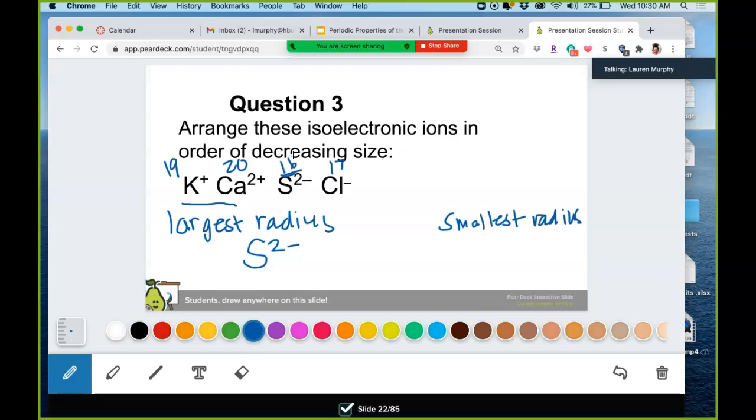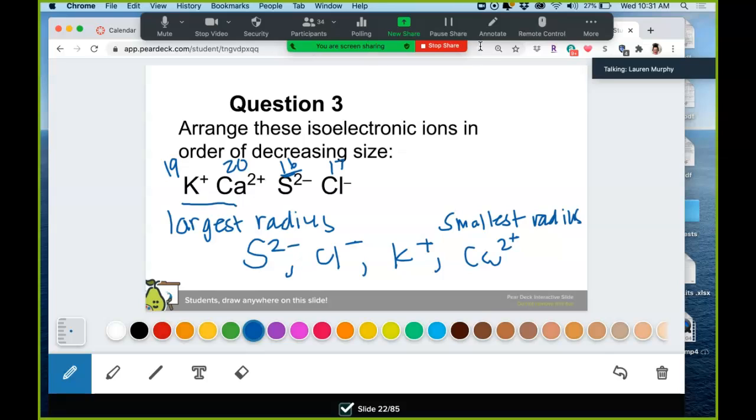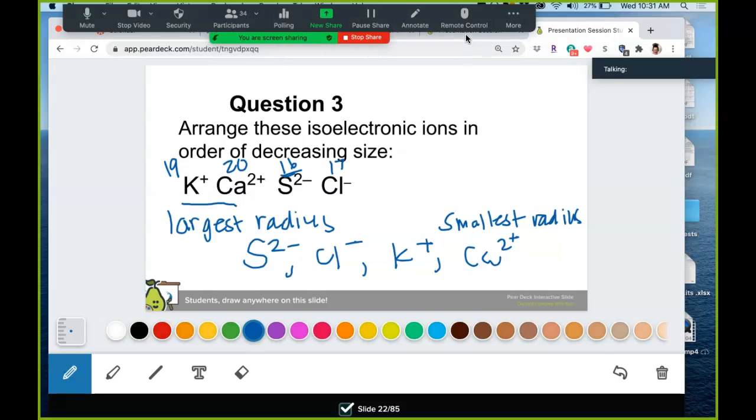That's the smallest, the least effective nuclear charge here. So then it's chloride, which has 17, and then it's potassium, which has 19, and then calcium has the highest effective nuclear charge of the 4. More protons, stronger pull towards the nucleus. Any questions?